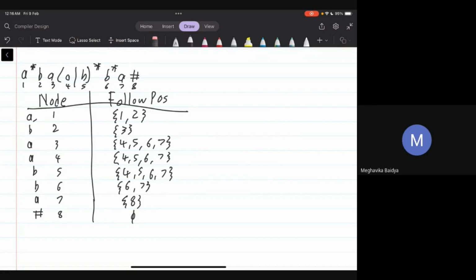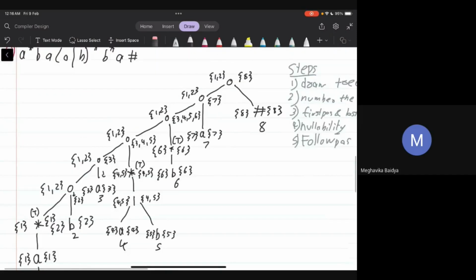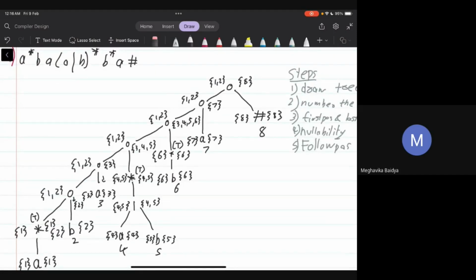What are we going to do? The transition table, the states. So what you do is you go back to this table and you find the followpos of the root node. This is the topmost node, right?